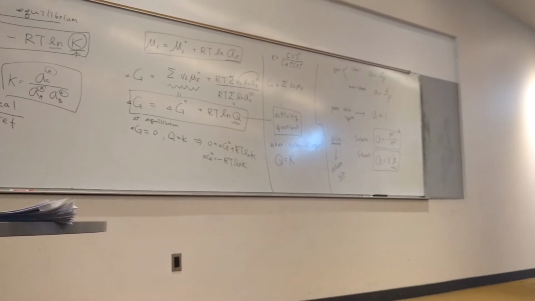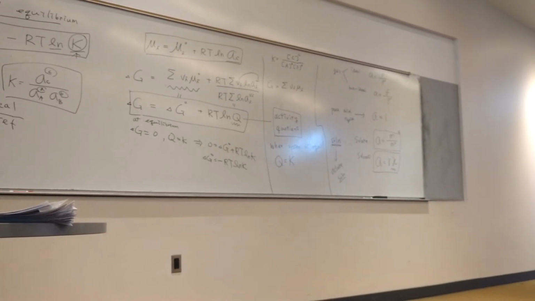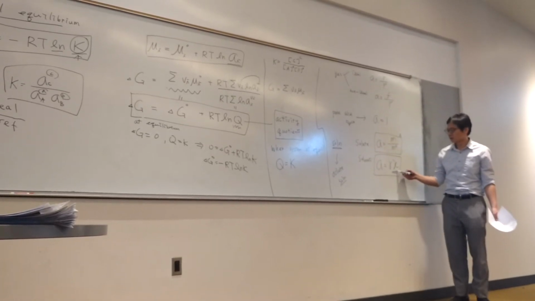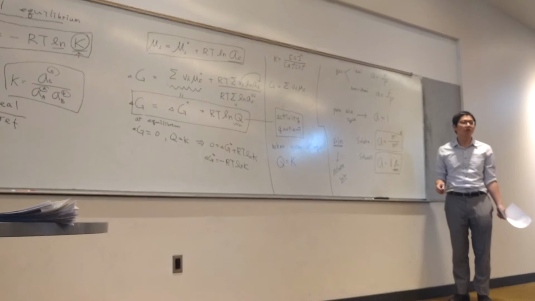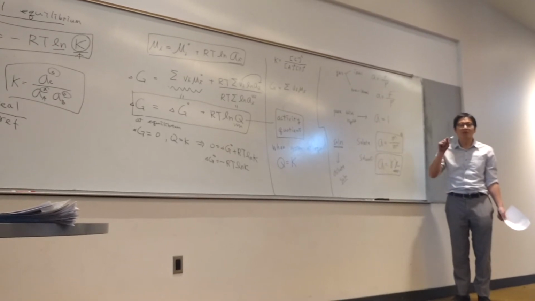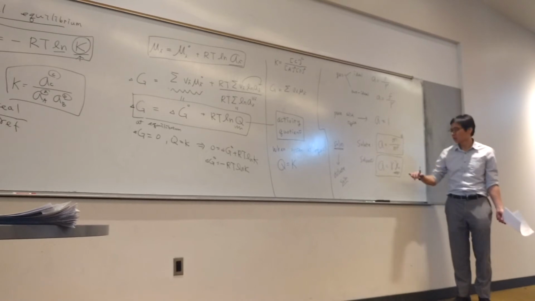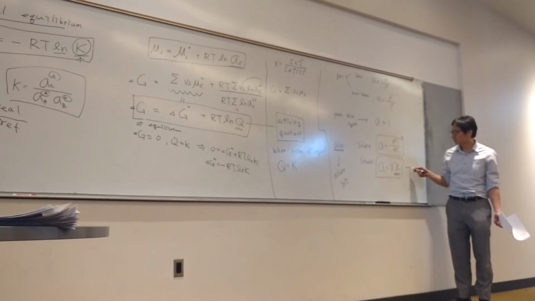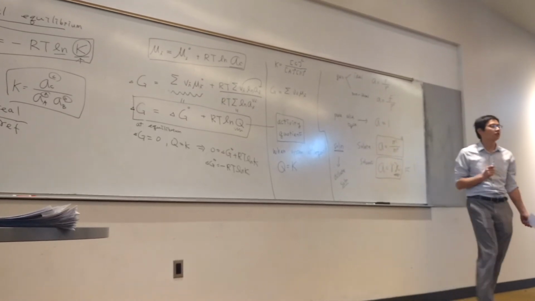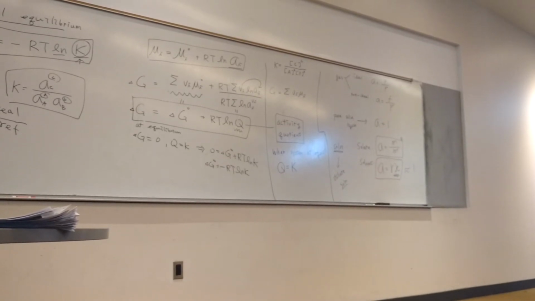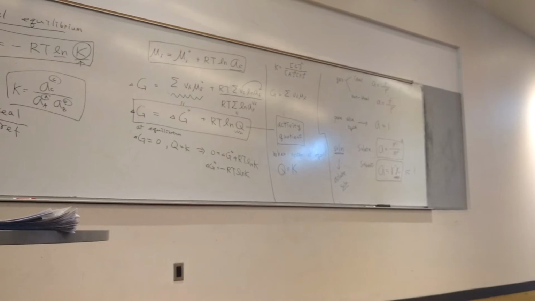Because it is a dilute solution, you can imagine the mole fraction of your solvent will be 0.9999 something. So this will typically just equal 1 for your solvent. Let me give you one example.